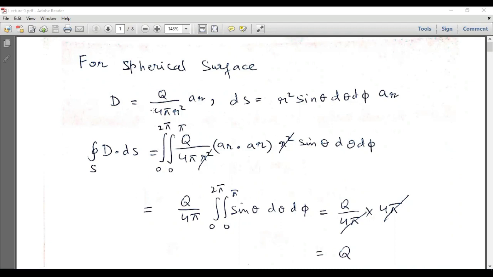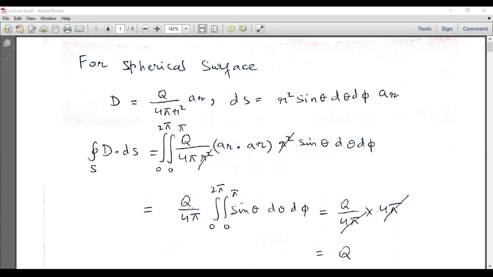So, in the first part, we are given the electric flux density as D, and for a spherical surface this is the differential surface r squared sine theta d phi, a_r is the unit vector. So D dot dS closed surface integral will be equal to, this is D, this is dS, and we have a_r dot a_r at the end, and these are the integrations for theta and phi respectively.